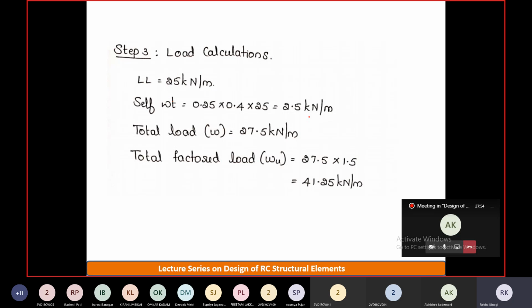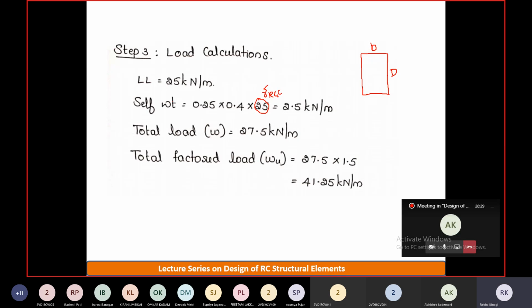In order to calculate the self weight, we are going to consider the cross sectional dimensions of the beam. In the cross sectional dimension, this dimension is being considered as B and the depth we need to consider is the overall depth.